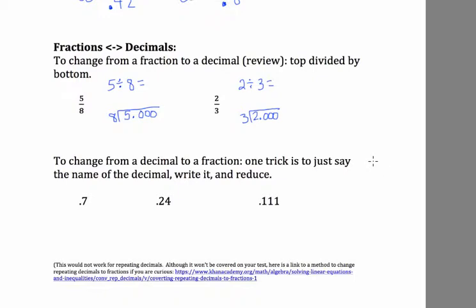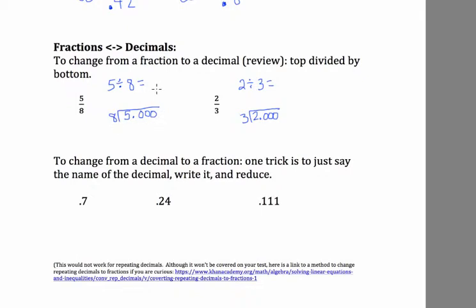Going between fractions and decimals. We did this last module, so this should be a review. To change from a fraction to a decimal, you simply do top divided by bottom. On a calculator, 5 divided by 8. Or by hand, 5 goes under the house, and it's divided by 8.